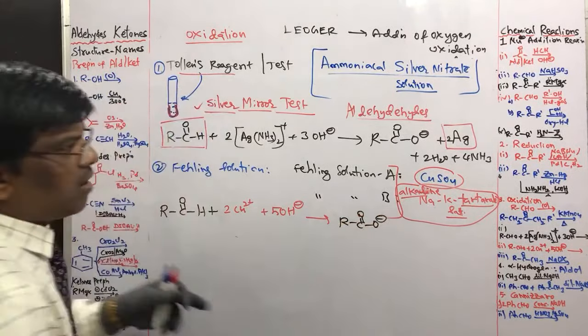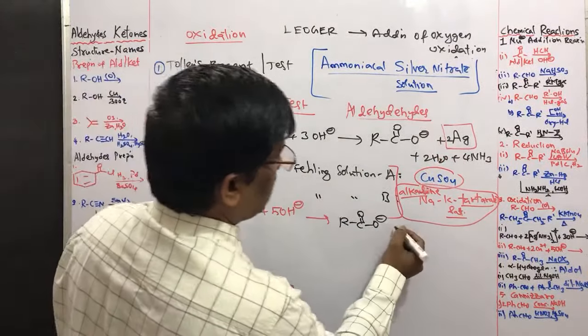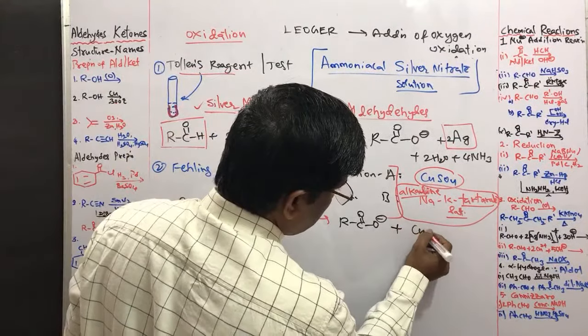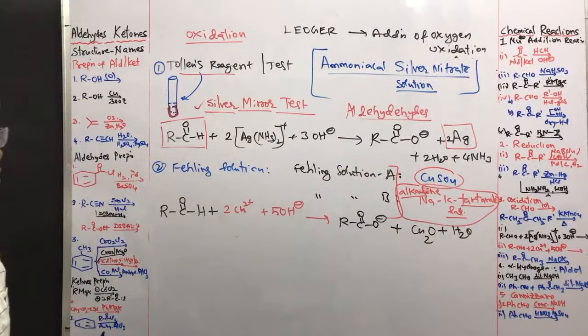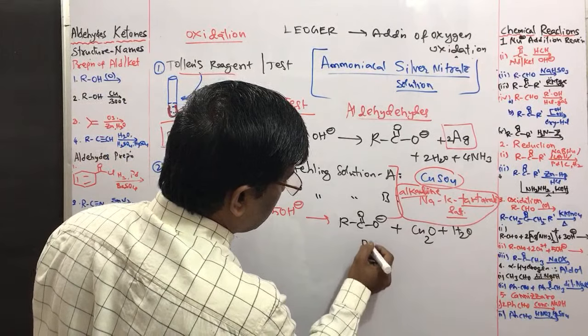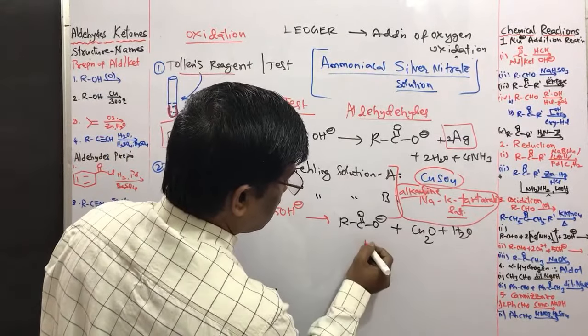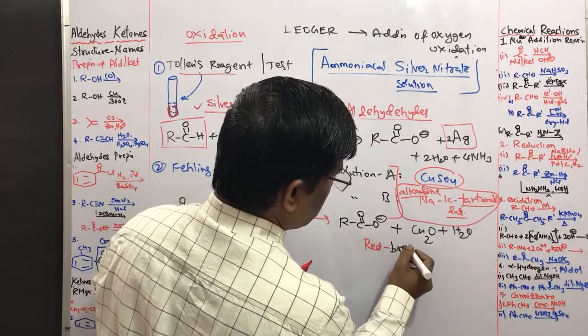This minus charge I am putting here; in the silver test we got a silver salt, and here we will get a copper salt, right? Plus cuprous oxide and water. This cuprous oxide is a red brown precipitate.